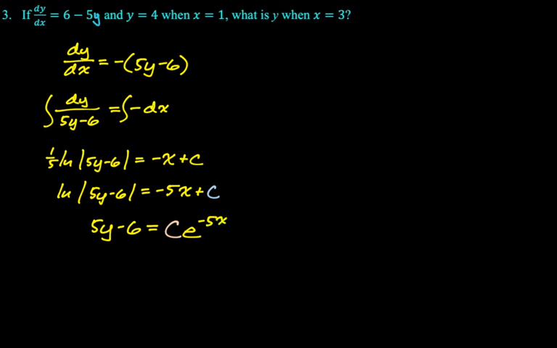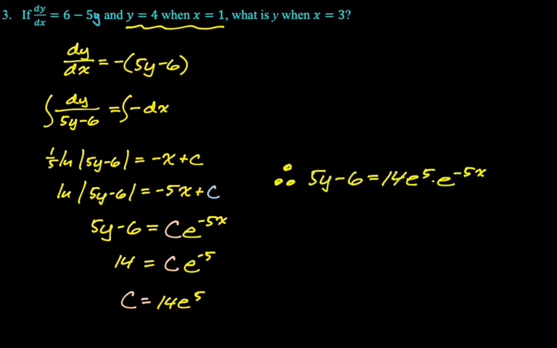Now I think I'm going to try to solve for c. We know that x is 1, y is 4. So this will be 20 minus 6 is 14 is c e to the negative 5th. Great. So c is going to be 14 over e to the negative 5th, or I'm just going to write it as 14e to the positive 5th, which means that our function, when we substitute, we get 5y minus 6 is 14e to the 5th times e to the negative 5x.